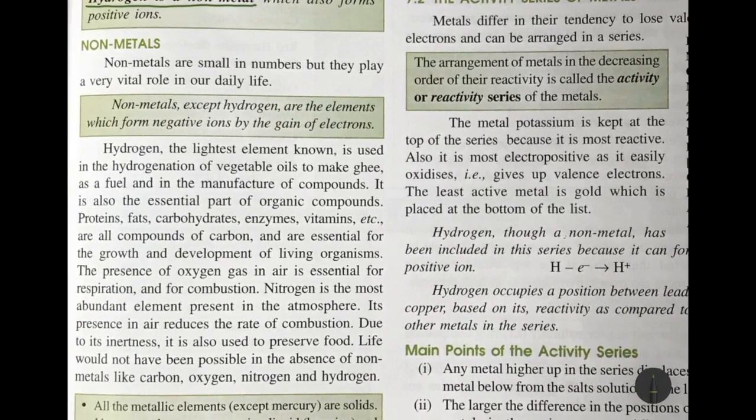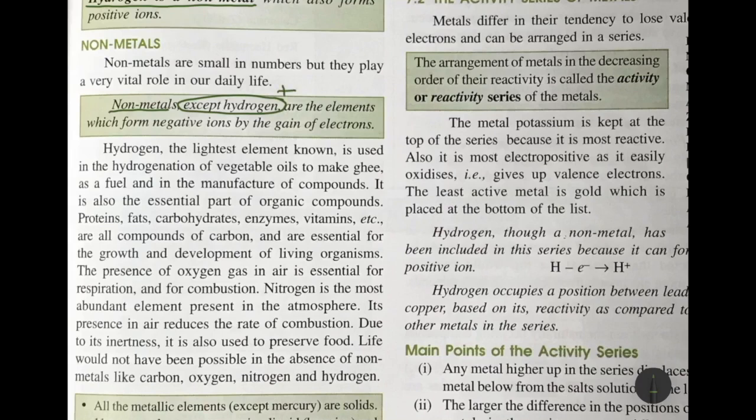Now moving on to non-metals. Non-metals are very less in number, but they have a very important role in our daily lives. I told you that out of 118 different elements, only 17 are non-metals. So non-metals, with the exception of course of hydrogen, the only non-metal to form a positive ion.